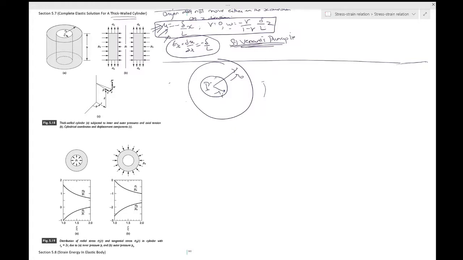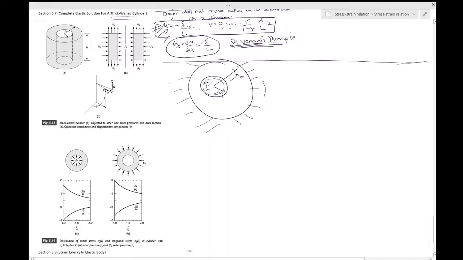Now the purpose of this section is to solve this problem from the perspective of theory of elasticity. What does it mean? Again, you have the boundary conditions specified. There are two boundaries, this one and the other, the internal boundary.